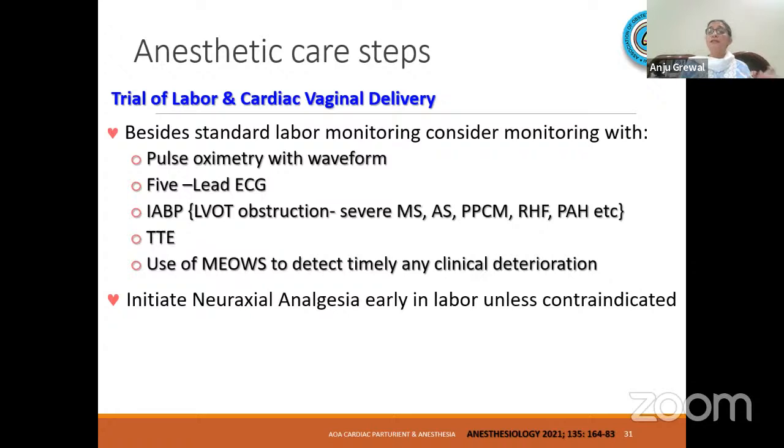A 5-lead ECG is pertinent. Most of these mothers would be vulnerable to ischemic changes. Intra-arterial blood pressure monitoring is indicated in these mothers, especially if you are looking at mothers with a left ventricular outflow obstruction.